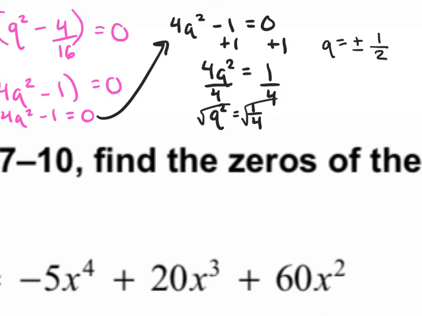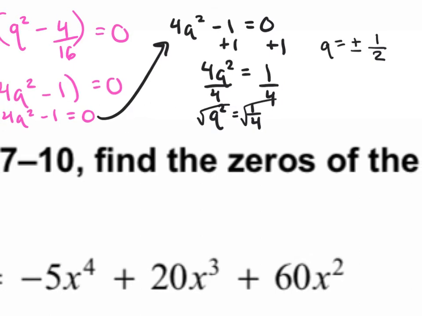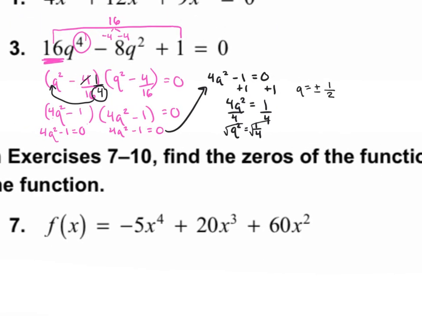So we get q is equal to plus or minus 1/2. And then since both of our little equations here were the same thing, we end up with the same answer. So our 2 answers are positive 1/2 and negative 1/2.